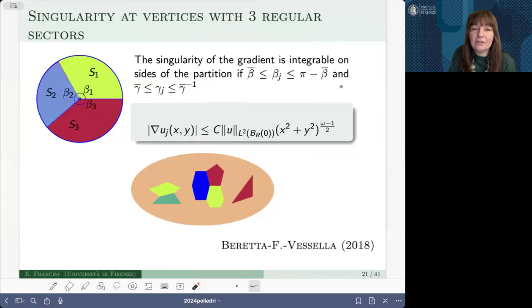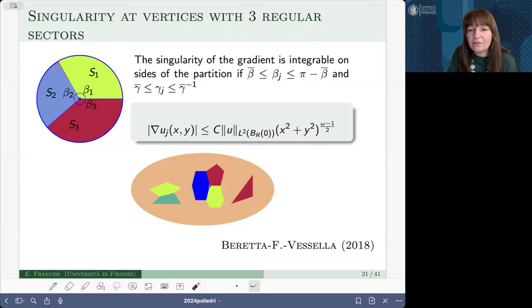And this can be extended also to some different situations. For example, you could have 3 different materials joining at the same vertex. And if all these sectors have an amplitude smaller than pi, then you can prove that you have the same kind of singularity. So that formula holds not only for the case of one single polygon inside the domain, but also in the case when you have multiple polygons, like a partition.